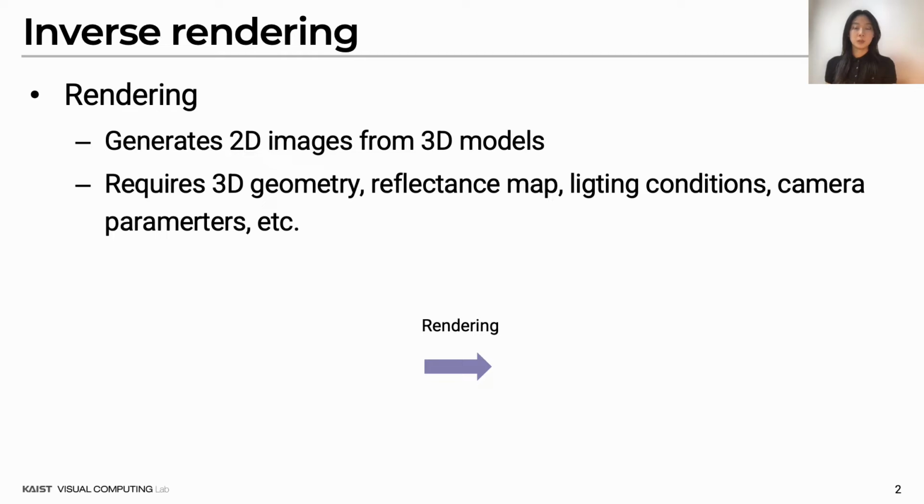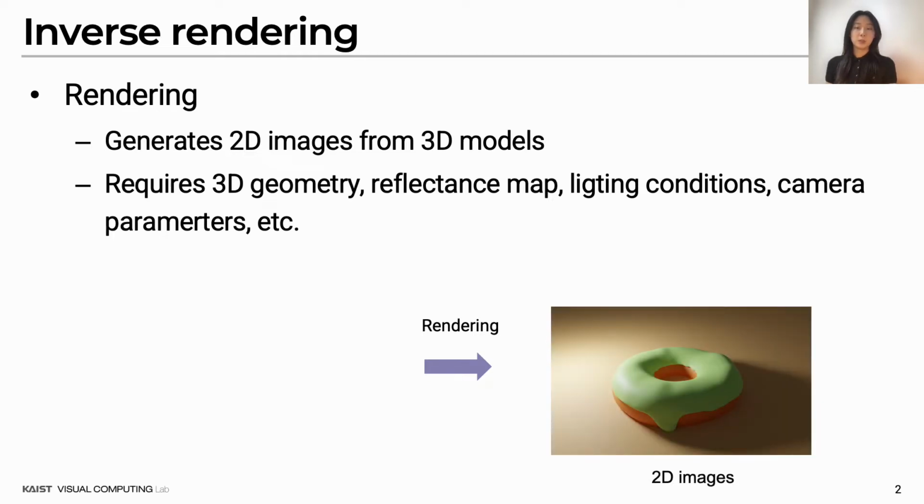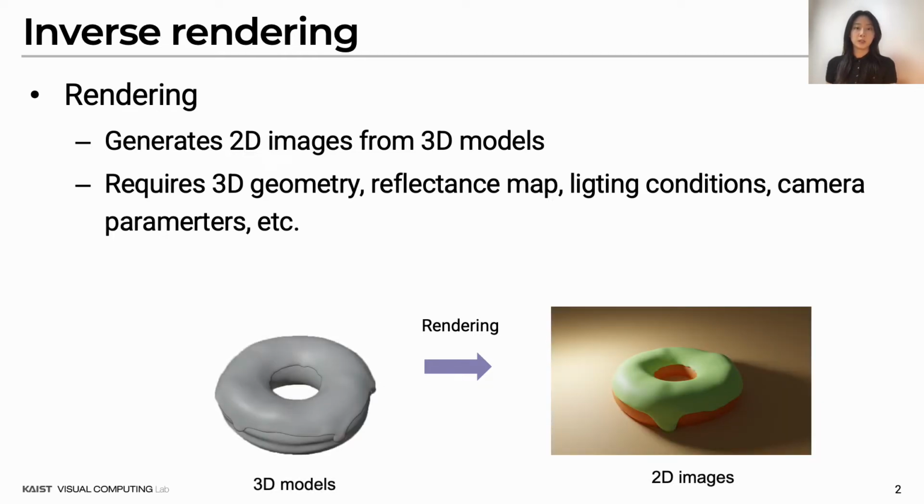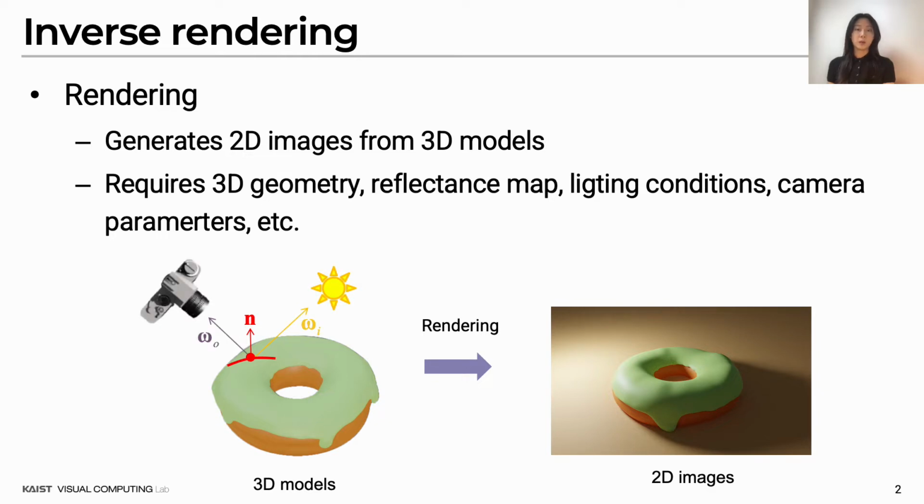Rendering is a process to generate 2D images from 3D models. It requires 3D geometry, reflectance map, lighting conditions, and camera parameters. Inverse rendering is the opposite procedure: given 2D images, obtain the information needed for rendering.